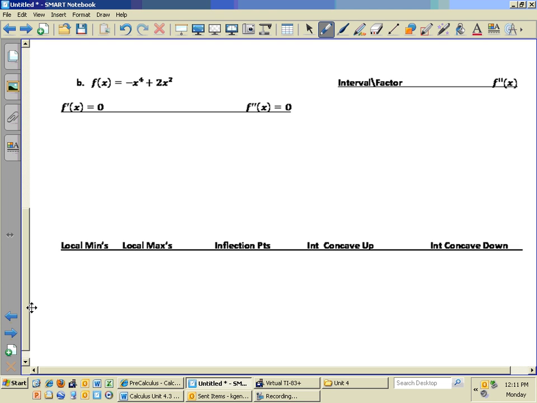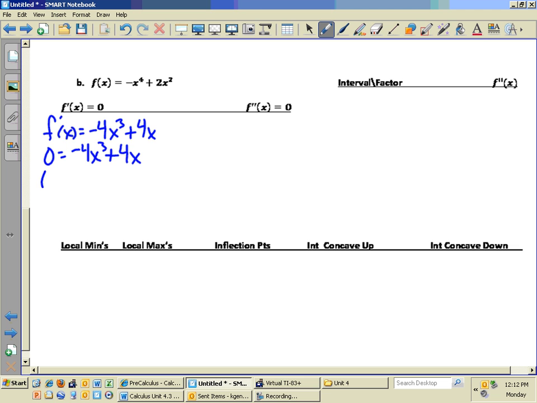F prime of x is? Very good. F prime of x is negative 4x to the third plus 4x. So I set this equal to 0. 0 equals negative 4x to the third plus 4x.